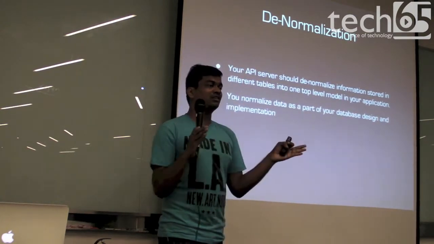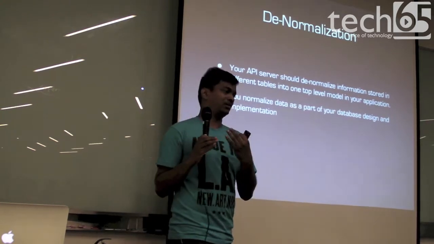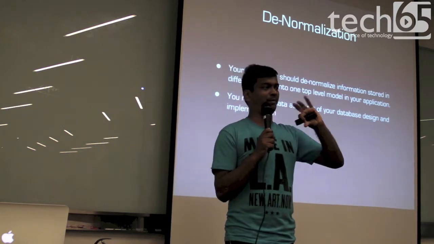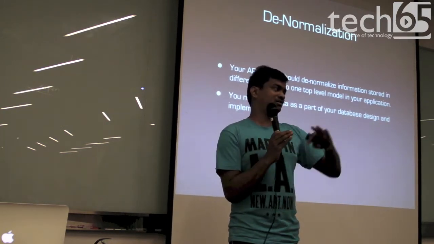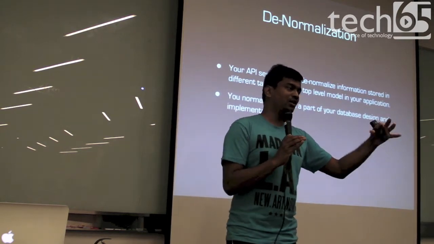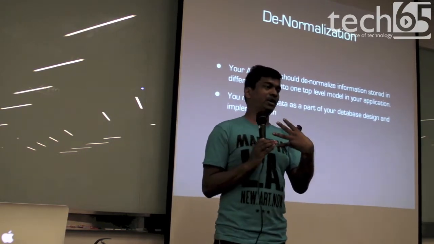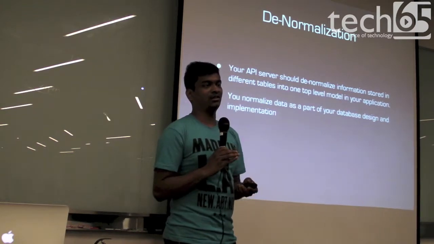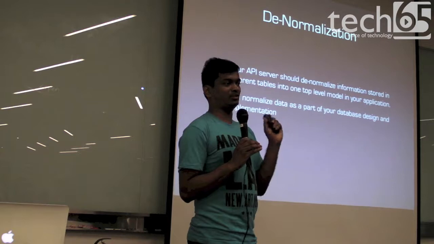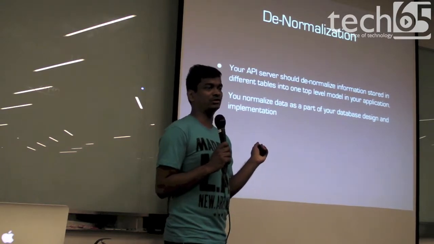When you normalize it, you should denormalize it back. When you get input from a web-based form, it's just one single form, but when you store it, you normalize it, right? Similarly, when you bring it back to an API, you should denormalize it. And a majority of developers don't do this.